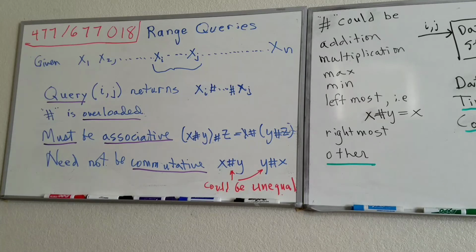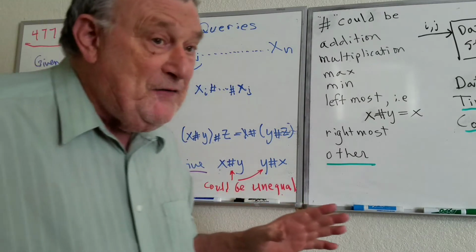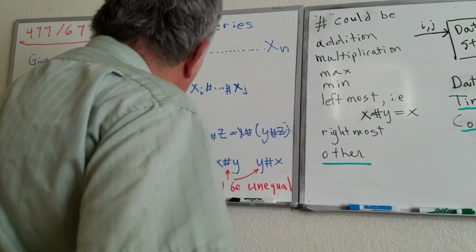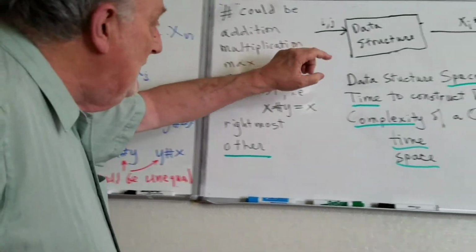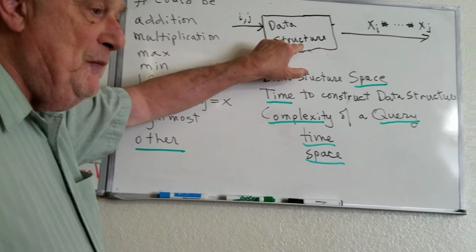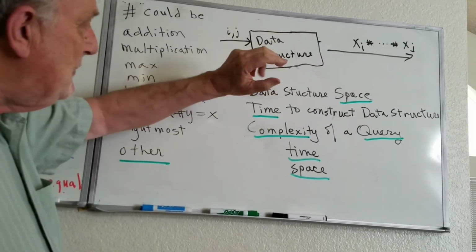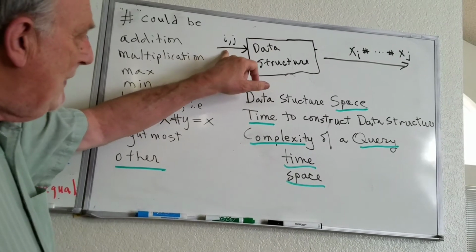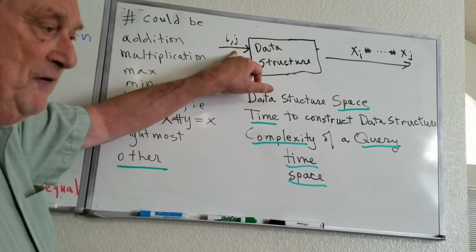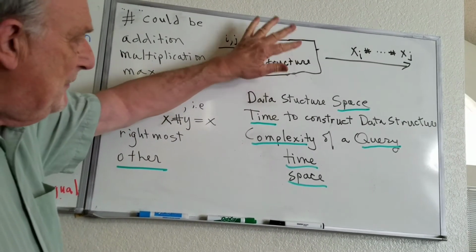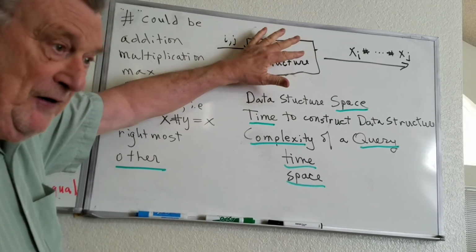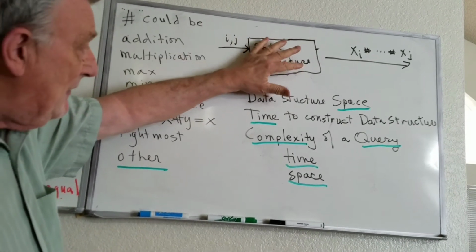All right, now what is the setup? The setup is that there is going to be a data structure representing all these items. And the data structure will not just be an array, but it will be some structure where we query the structure. So think of this as some sort of struct or something like that.